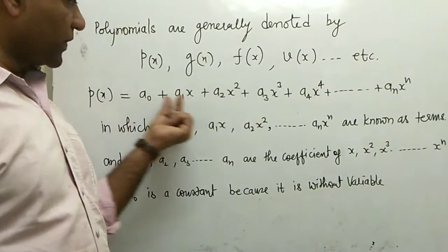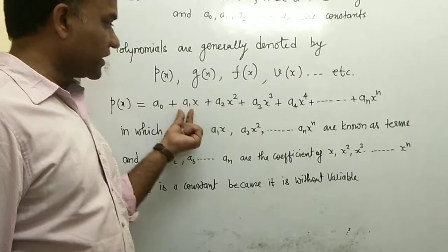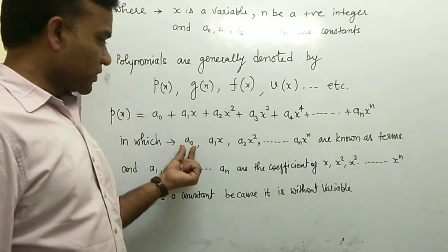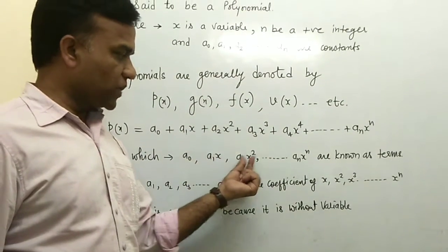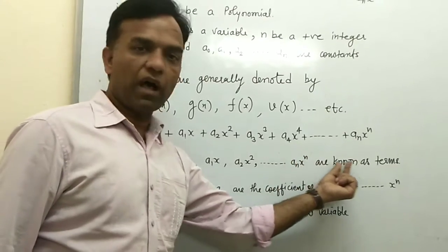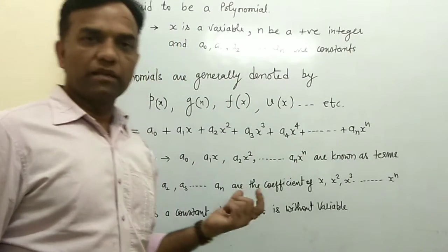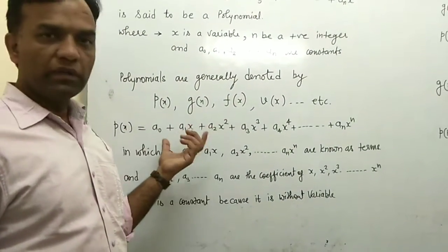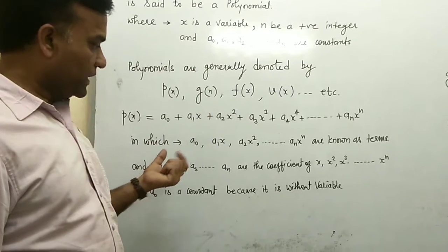So this term is different, that term is different. These are the terms of this polynomial.